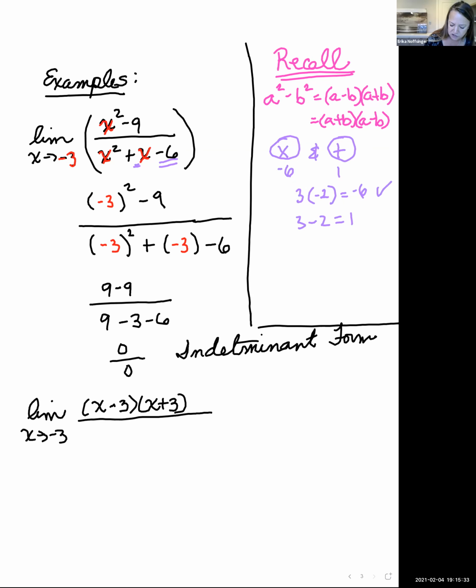So they both check, and those are my 2 numbers. And so we're going to go in there and factor. And this will be x plus the one number, x plus the other number. So in our case, x plus 3, x plus -2, or x minus 2.